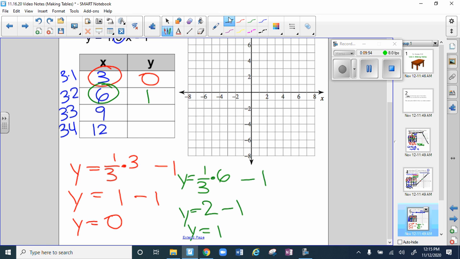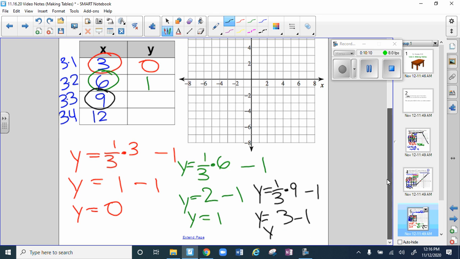When x equals 9, I'll have 1/3 times 9, and then subtracting 1. So 1/3 times 9 is equal to 3. Minus 1, I'll get y equal to 2. So I'm getting integers, I'm getting nice numbers, whole numbers, rather than fractions. That's why we like to pick the multiples.